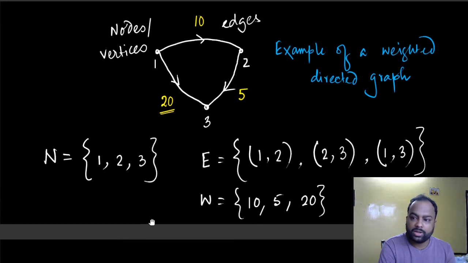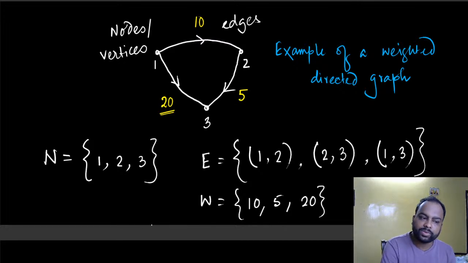So what we essentially have is a graph. For a directed weighted graph, we need the set of nodes or vertices, and the set of edges. Edges are connections between nodes, and for a directed graph, directed connections. So you can start from 1 and go to 2, but you cannot come back using the same edge. The direction tells you the way in which you can actually go.